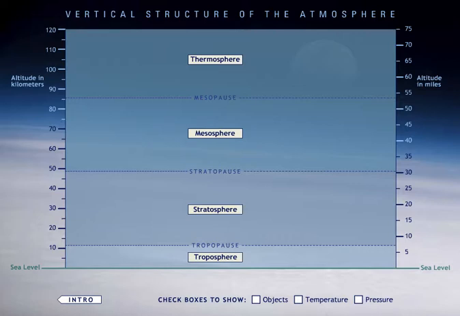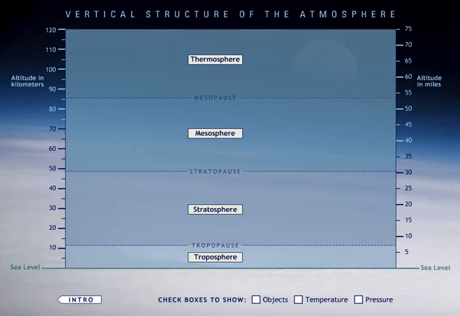So each of these layers here, the troposphere, stratosphere, mesosphere, and thermosphere, are all broken up by what we're calling the tropopause, which is the top of the troposphere, the stratopause, which is the top of the stratosphere, the mesopause, which is the top of the mesosphere, and so on and so forth.